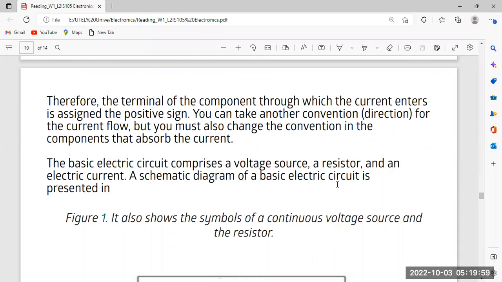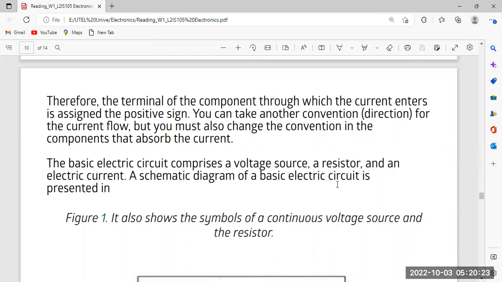You can take another convention or direction for the current flow, but you must also change the convention in the components that absorb the current. Now, this point is very important. For example, we say that the current is entering through the positive terminal in a circuit, and the other way around, if I say that the current is entering through the negative terminal, both options can be applicable.